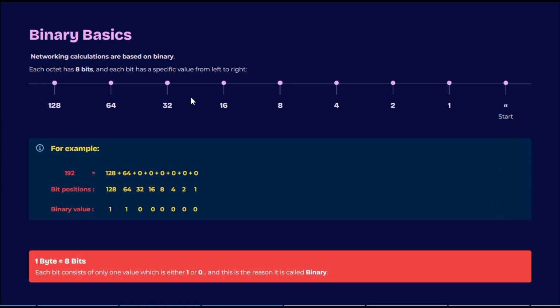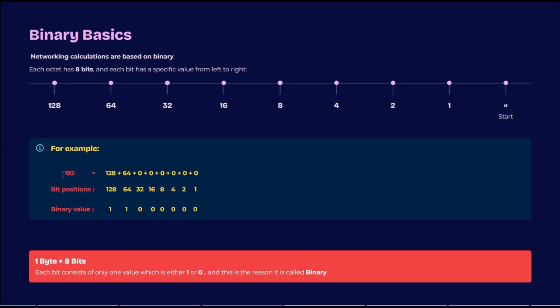Before understanding subnetting, we must understand binary numbers, because networking calculations are based on binary. Each octet in an IP address has 8 bits, and each bit has a specific value. Those values are, from left to right, 1, 2, 4, 8, 16, 32, 64, and 128.